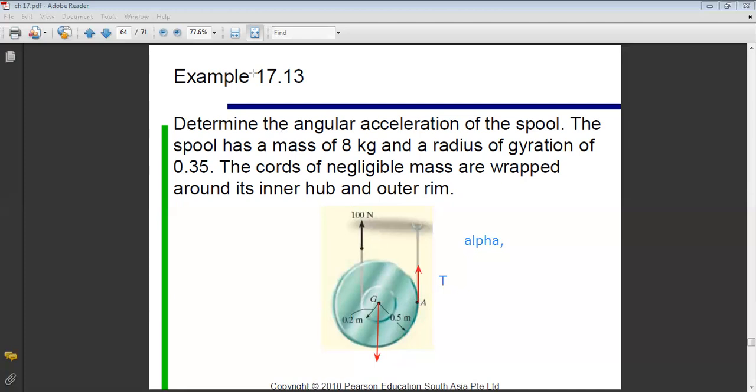So G will move on a line that is parallel to the cable, and because I have a 100 Newton force upward, I will have rotation of the disk in the clockwise direction, and acceleration of G will be upward. So the other unknown here is a_G.